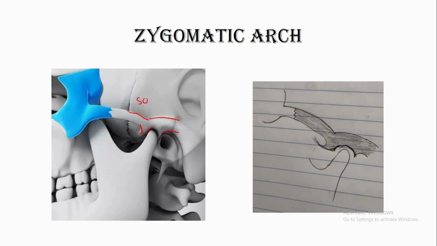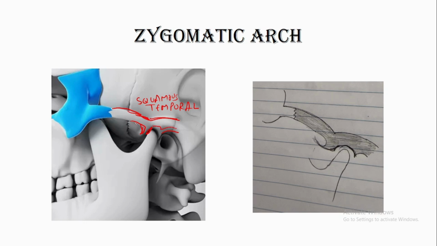This is the squamous temporal bone. So the zygomatic arch attaches to the squamous temporal bone by two roots. First one is the anterior root, this, and the second is the posterior root.